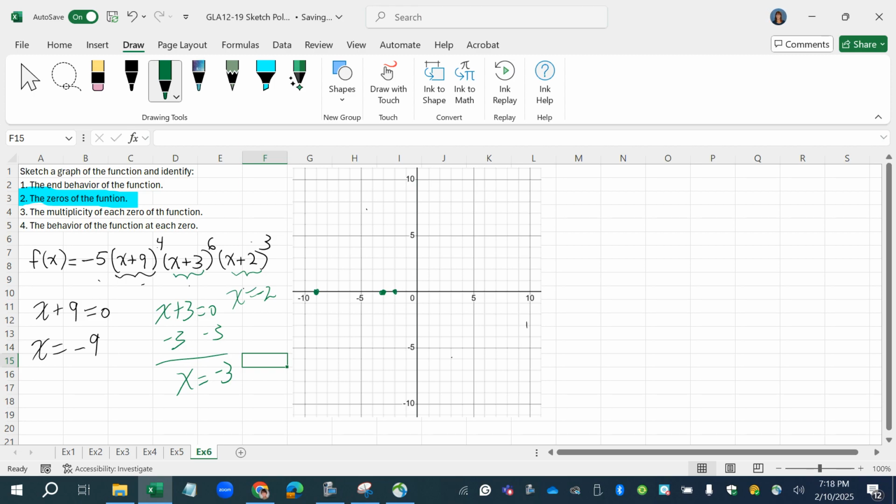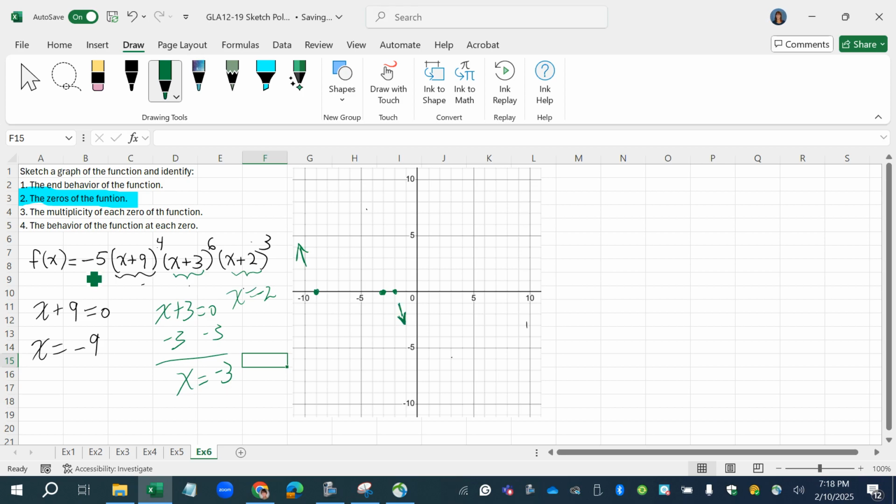Now, we're going to pair that along with the fact that we've already decided that with an odd degree, we had opposite end behavior, and being that we have a negative lead coefficient, we had the left end pointing up and the right end down.